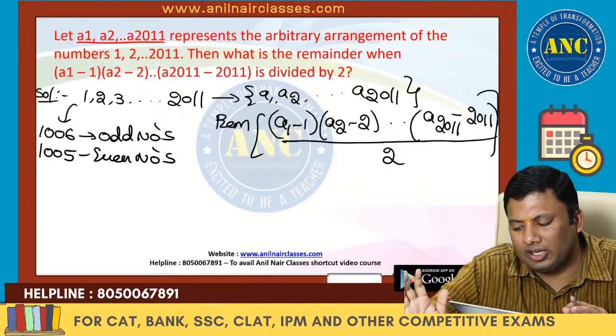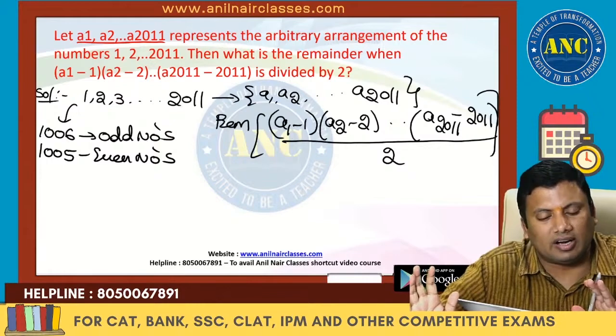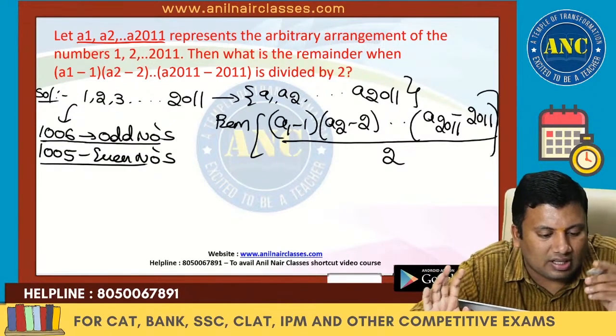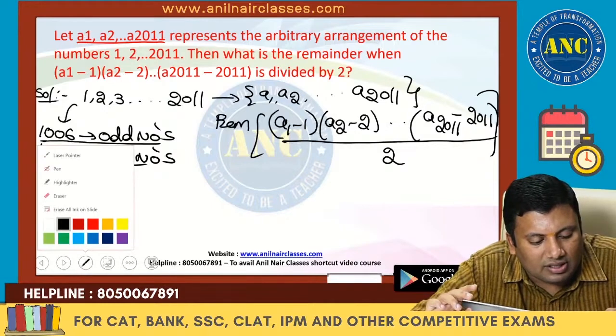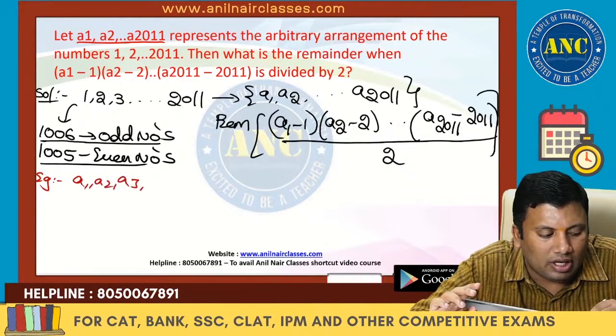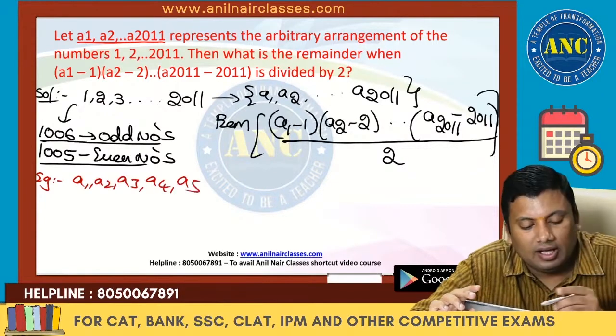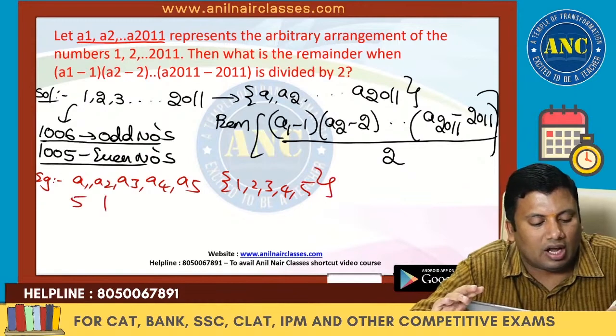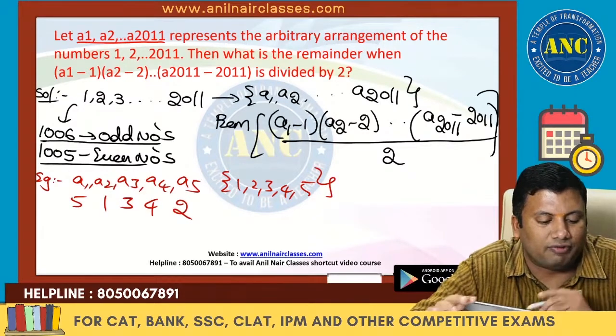From 1 to 2011 there are a total of 2011 natural numbers, out of which 1006 are odd and 1005 are even. Let me take a smaller example, then I will explain it. A1, A2, A3, A4, A5. Let there be 5 numerical values 1, 2, 3, 4, 5 assigned to these variables in an arbitrary way: 5, 1, 3, 4, 2.